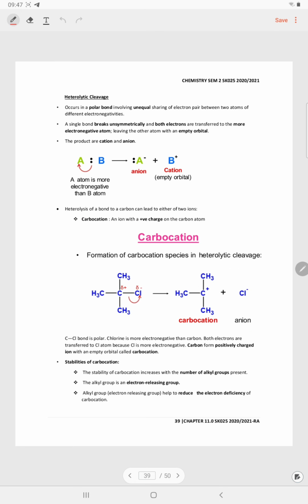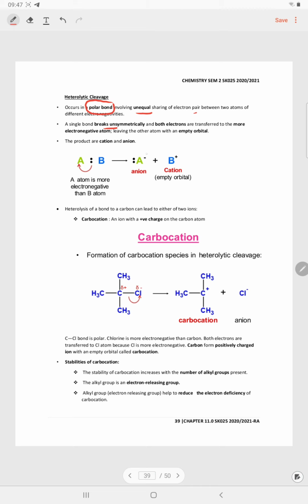Okay, how about heterolytic cleavage? This heterolytic cleavage must occur in a polar bond. So the covalent bond must have unequal sharing of the electron pair, which means the bond breaking occurs unsymmetrically.